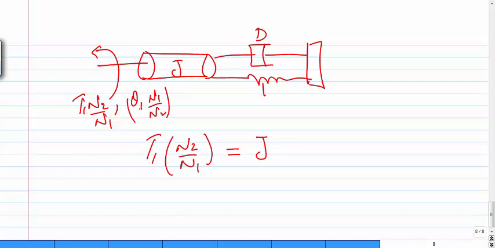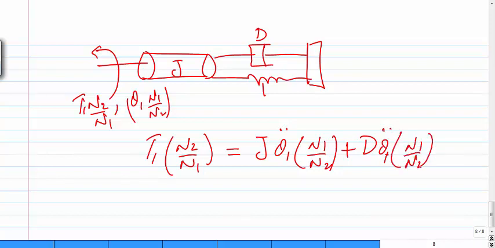Theta 2 is equal to theta 1 times N1 divided by N2. So right here theta 1 double dot times N1 divided by N2. Similarly, plus we have a damper, and the damper is also with theta 2, so theta 1 dot times N1 divided by N2, plus we have a spring, that is the torsional spring K times theta 1 times N1 divided by N2.